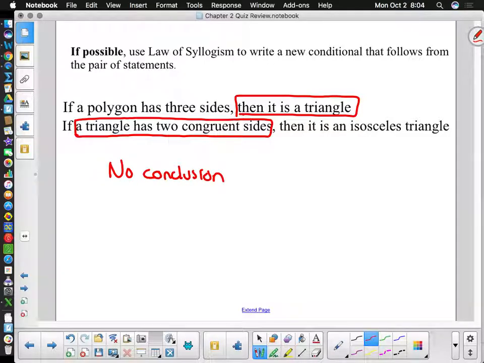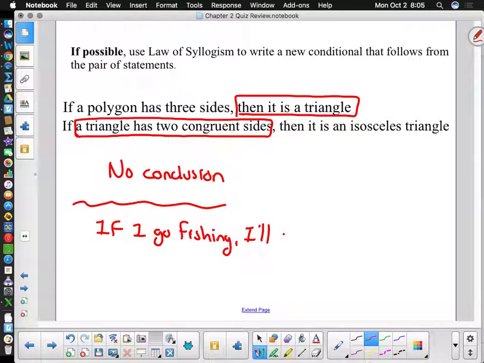Now, do be careful. Sometimes it gets tricky. Sometimes this is my first statement and this is the second. Sometimes we put them backwards. I might say, if I go fishing, I'll catch a bluegill.